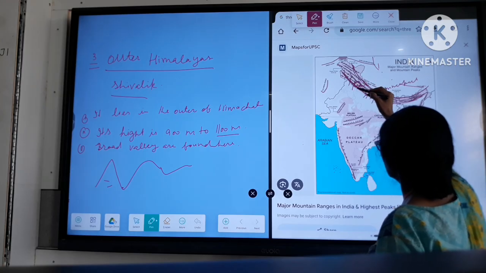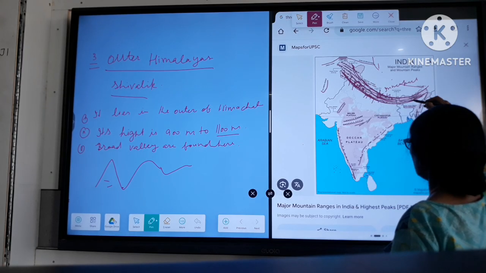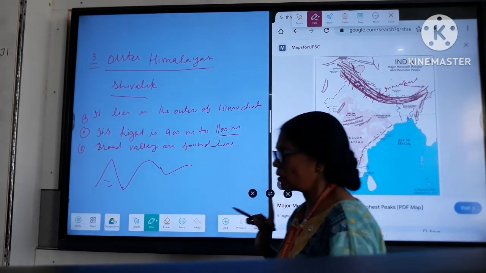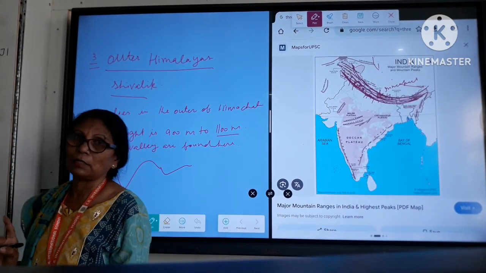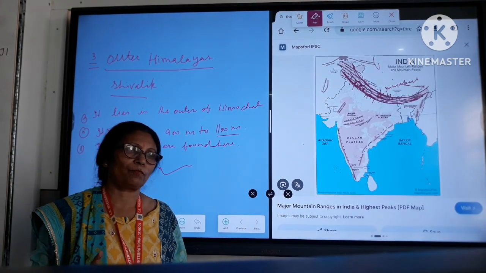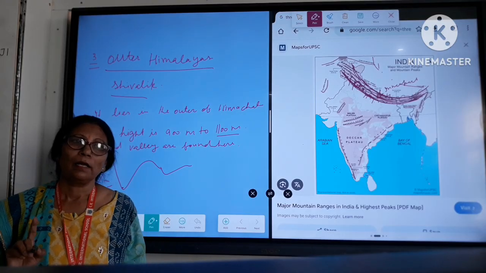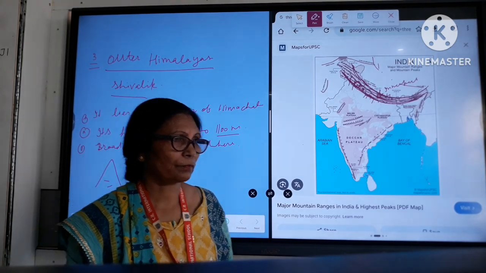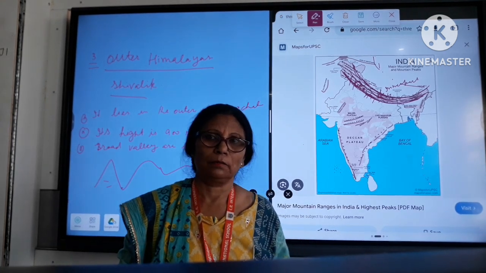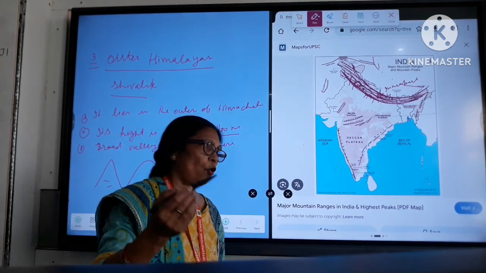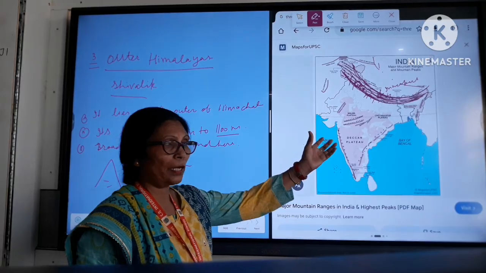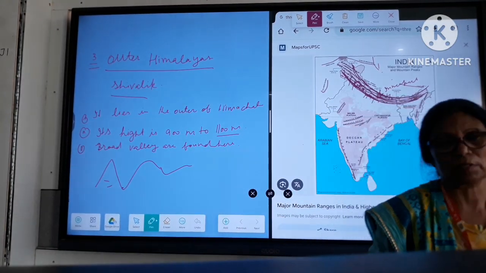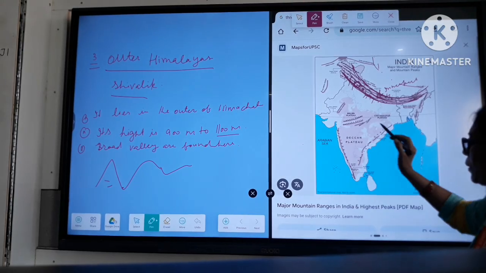That's why the soil of this region is very fertile, and people can take up occupations of farming, irrigation, industrialization and tourism, boating and many other occupations. Rearing animals is also done here.